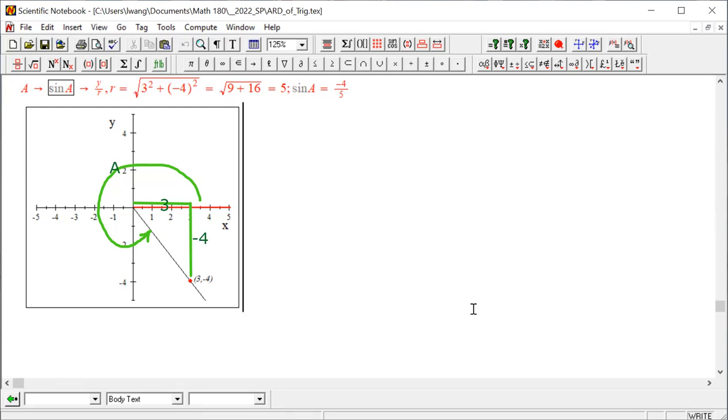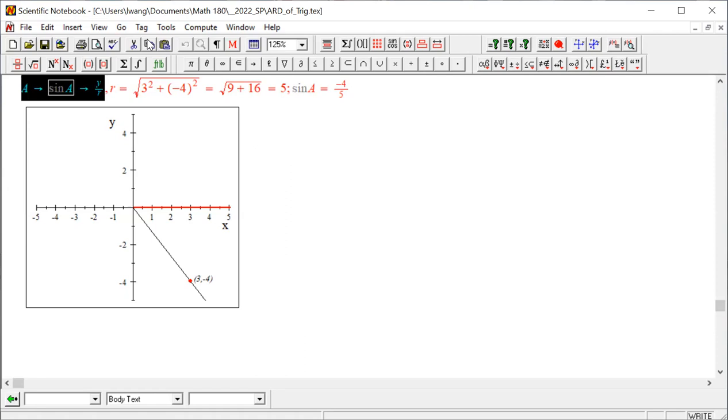Now let's summarize from this example. What have we learned? Just for the sine function, by definition, we have that stage set: standard position, angle measurement, reference angle, and definition.